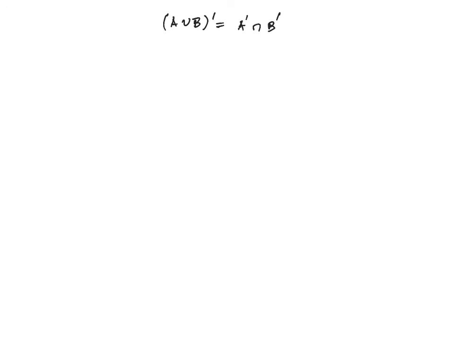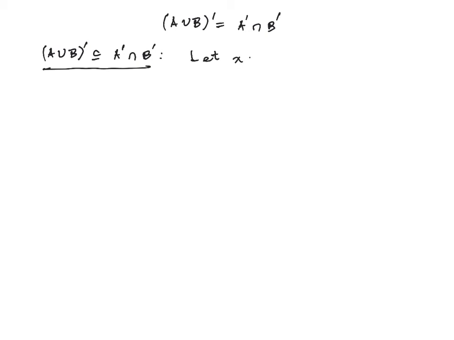To show two sets are equal, we need to show that each is a subset of the other. So we'll begin by showing that the complement of the union is contained in the intersection of the individual complements. Now, to show something is a subset of something else, we need to start with an arbitrary element of the first set.